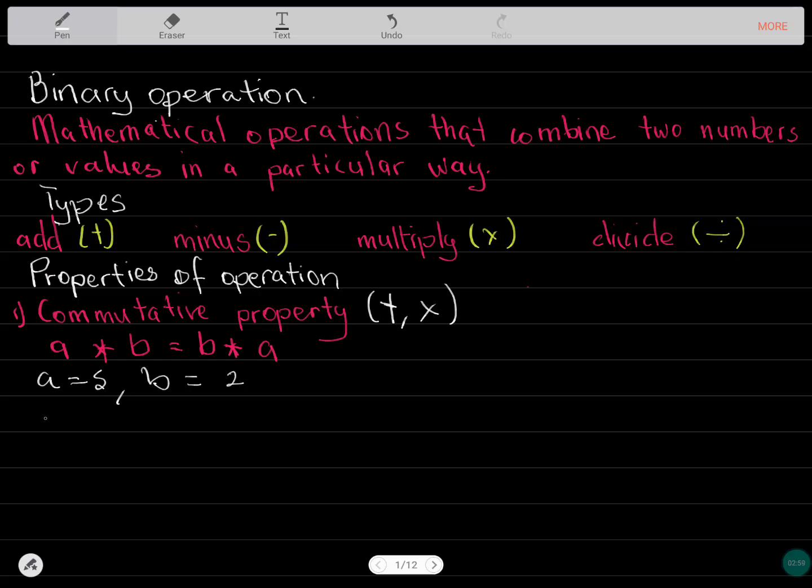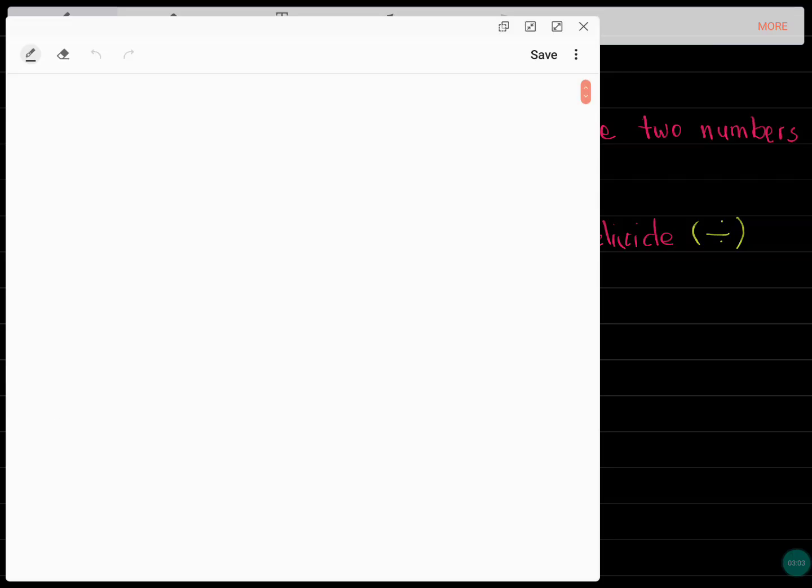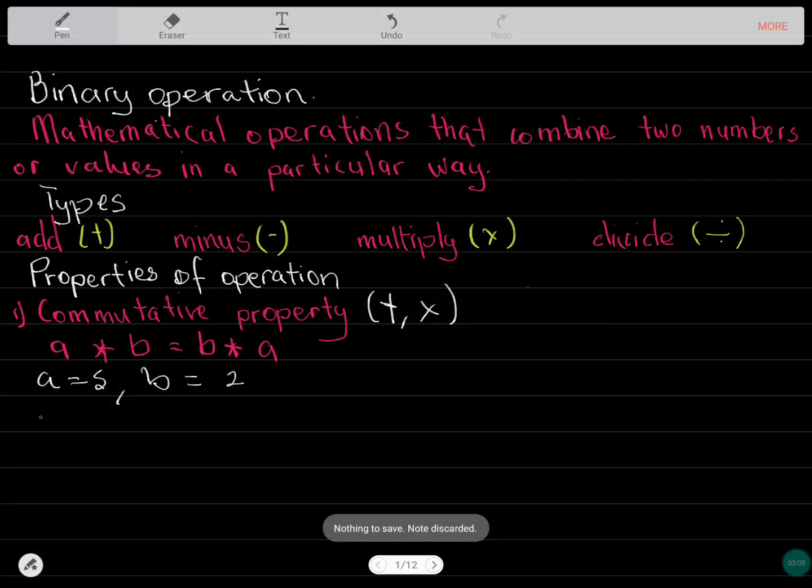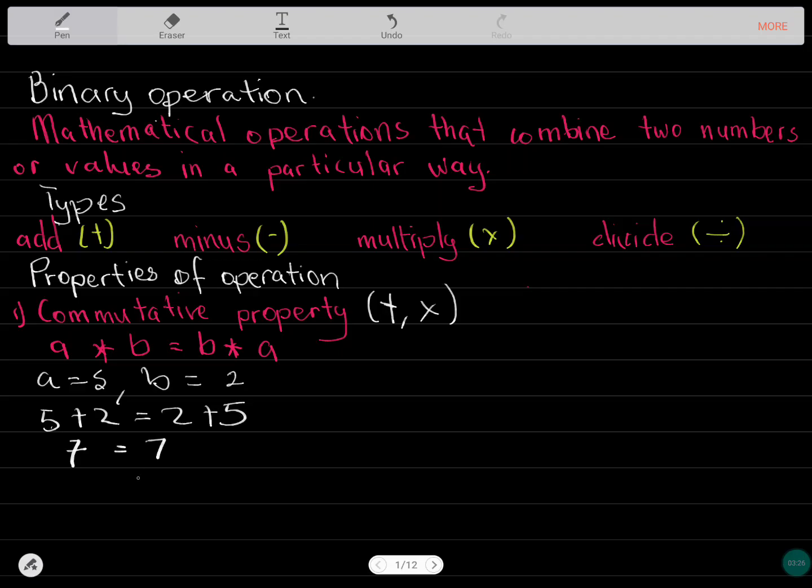So first we are going to have 5 plus 2 should be equal to 2 plus 5. So 5 plus 2 would give us 7, which should be equal to 2 plus 5, which is also 7.